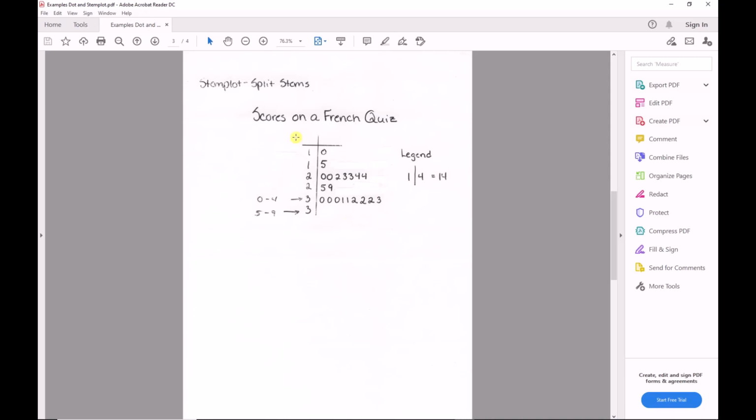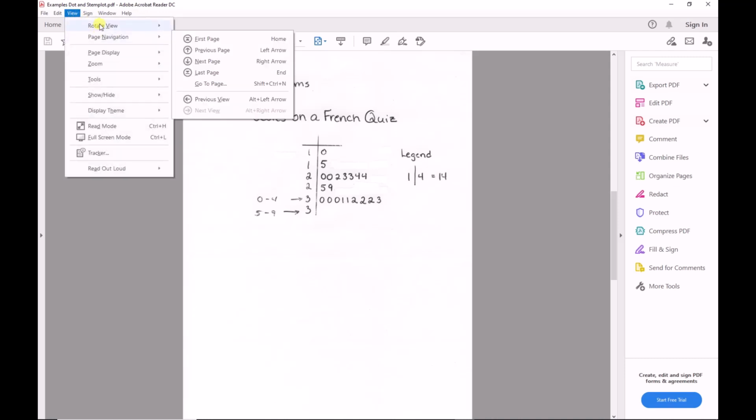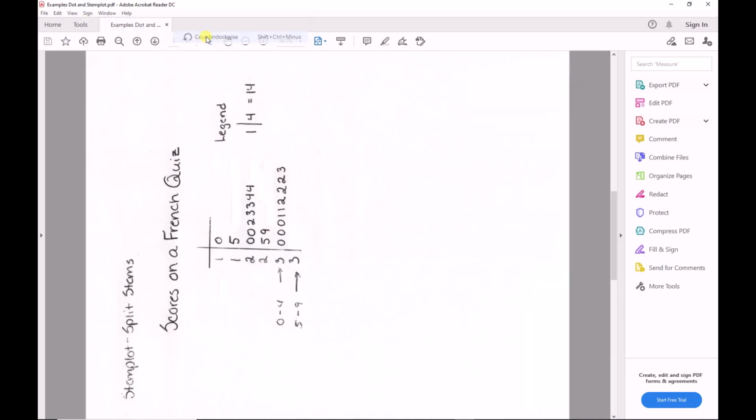There's my key, there's my title, and when we rotate this thing, we'll rotate counterclockwise. All right, this thing is skewed to the left. Now don't start saying it's bimodal, okay? Because we split the stems and added the detail here. If I piled this back up on here, then you would not see that sort of bimodality here.